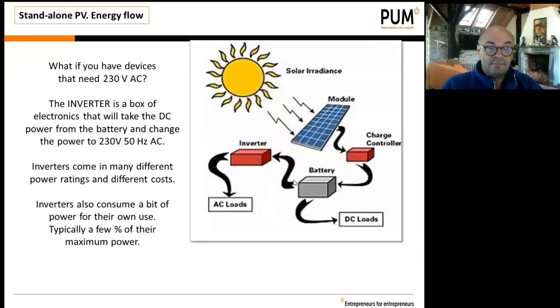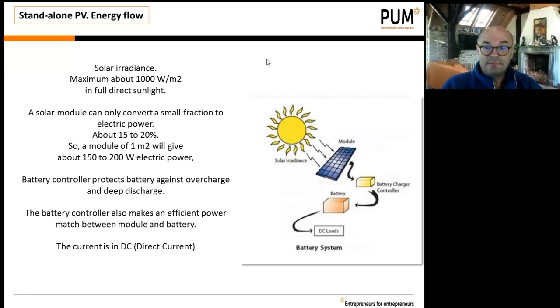Okay. Let's start with how much energy the sun is generating. It's about 1000 watts per square meter, but at the moment it's still impossible to catch it all, and only 15 to 20% is converted into real electric power.